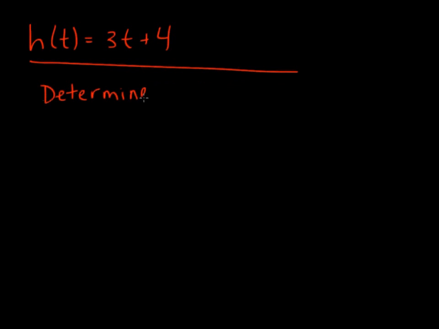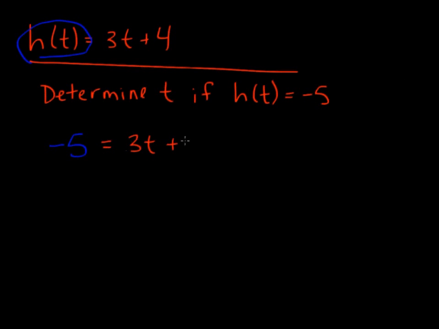Okay, here's another type of question you might see using function notation. And function notation is going to be an idea that we carry on throughout the rest of the course. So here we want to determine the value of t if h of t, so if the function value, or you can think of that as just if the height at a particular time is equal to -5. So we're going to take -5 and substitute it in for h of t this time. Okay, so we get -5 is equal to 3t plus 4. And then we've got an equation that we can solve for t.